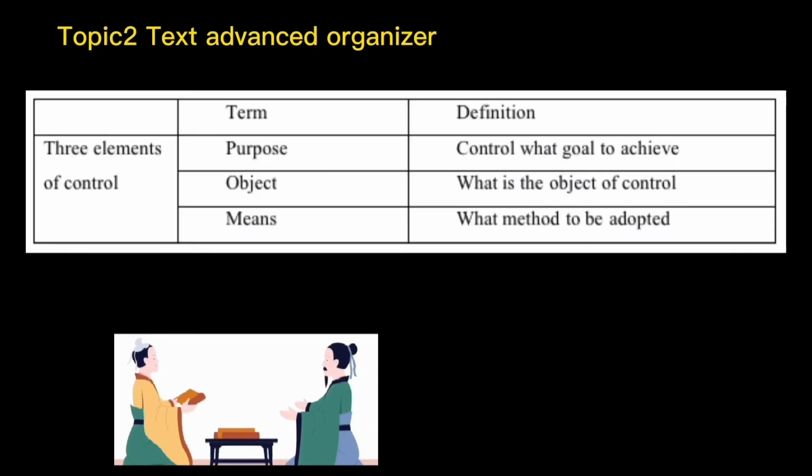In topic 2, we use the text advanced organizer in this part. The text advanced organizer directly shows the core content of this topic. It can give students an initial impression of what they need to learn in this lesson. Students need to distinguish a special control process and what its elements are in the control process.